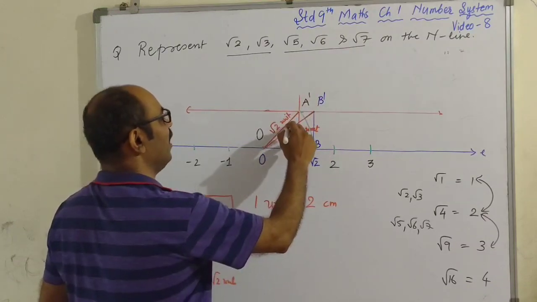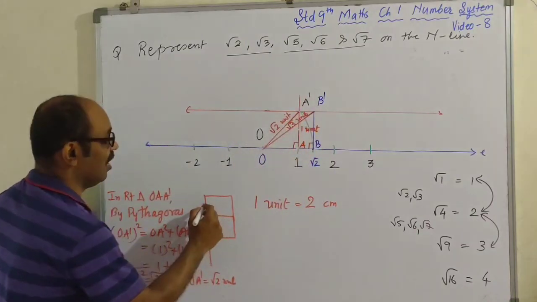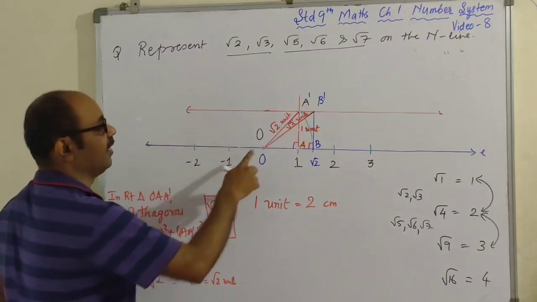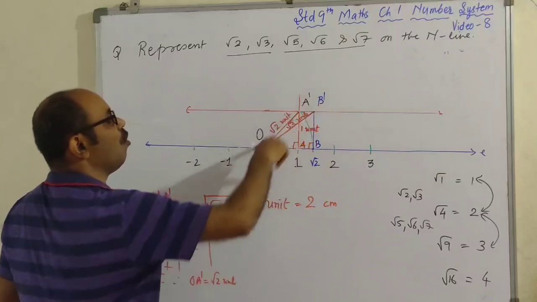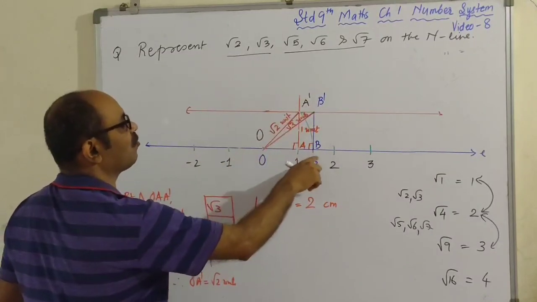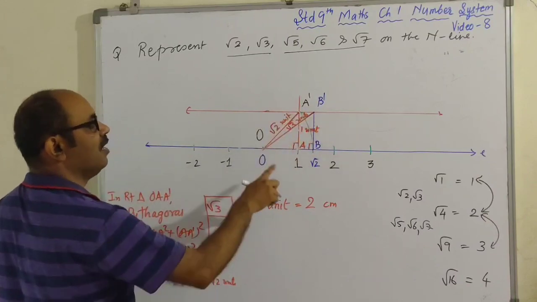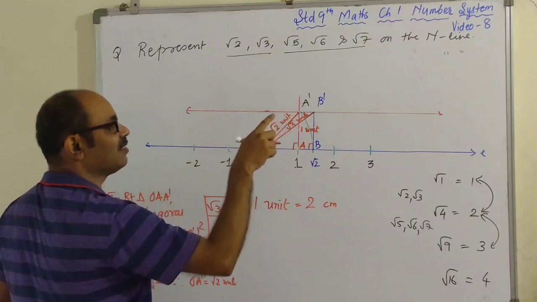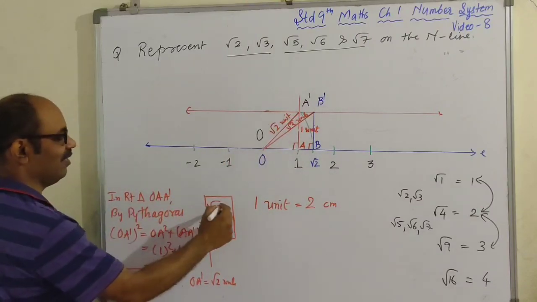So this has to be root 3 units. You write here about root 3 units. How you got it? I'm just saying it. In right triangle OBB dash, OB dash whole square is equal to OB square plus BB dash square. That is root 2 square plus 1 square. That is 2 plus 1. That is 3. So OB dash square is 3. So OB dash is root 3. That you have to write here.